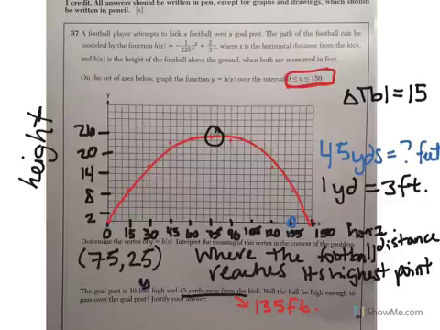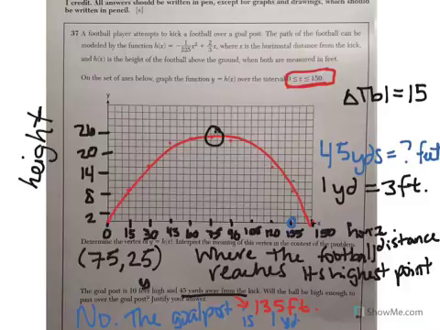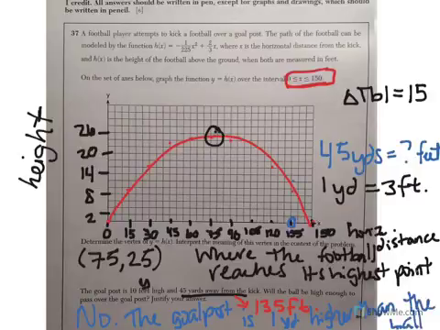Well, the ball is my red line, the parabola, and the goalpost is slightly above, so no. The goalpost is 1 yard higher than the ball at this point. So the ball did not go over the goalpost.